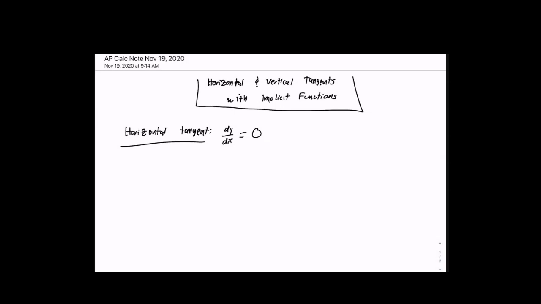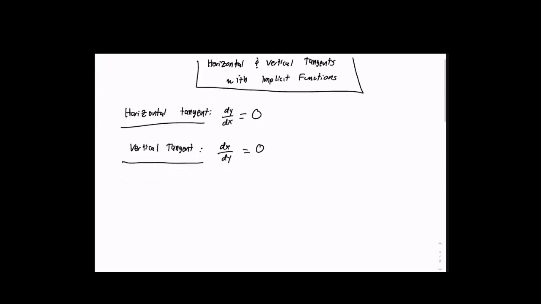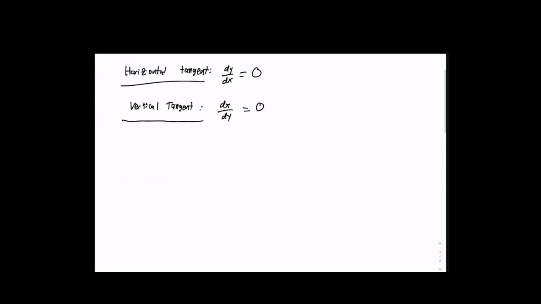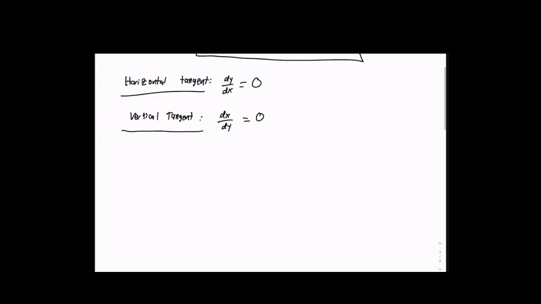All right, so when the derivative is equal to 0, we have a horizontal tangent, and we have a vertical tangent when dx/dy is equal to 0. So when the rates are flipped.